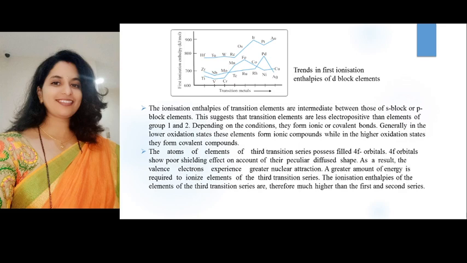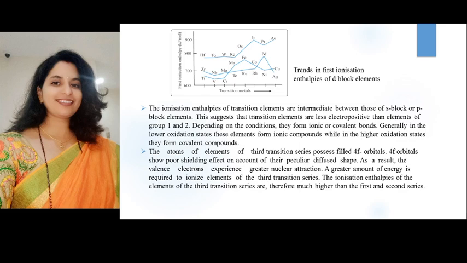The first ionization enthalpies of elements of the third transition series are higher than those of the elements of the first and second transition series. The atoms of elements of the third transition series possess filled 4f orbitals. 4f orbitals show poor shielding effect on account of their peculiar diffuse shape.